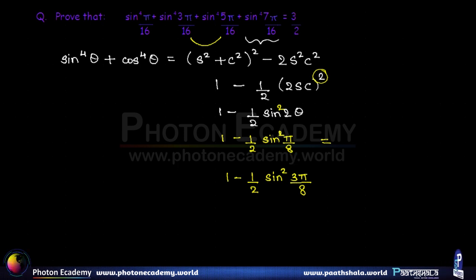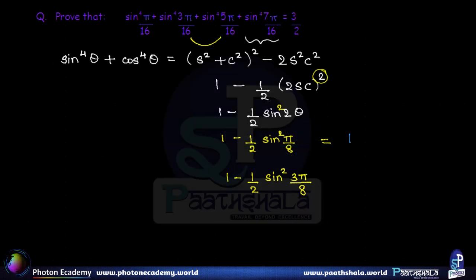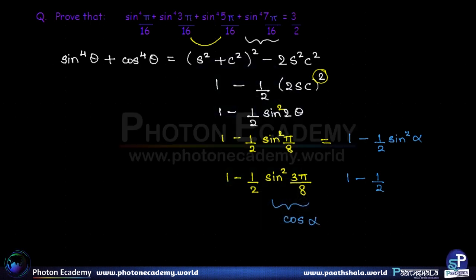So we can just write this as 1 minus half sine square, say some alpha, and this will be equal to 1 minus half cos square alpha, because sine of 90 minus alpha is cos alpha.